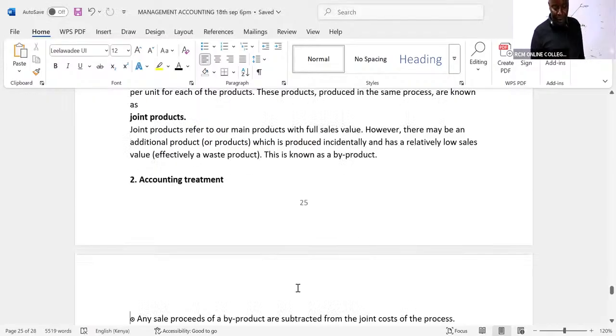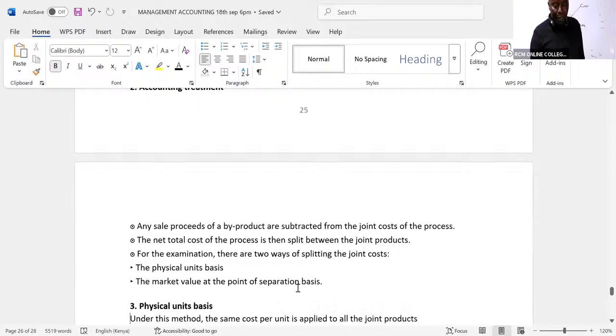Accounting treatment: any sale proceeds of a byproduct, that waste material, like the sawdust, are subtracted from the joint cost of the process. The net total cost of the process is then split between the joint products. For examination purposes, there are two ways of splitting the joint costs. We have physical units basis.